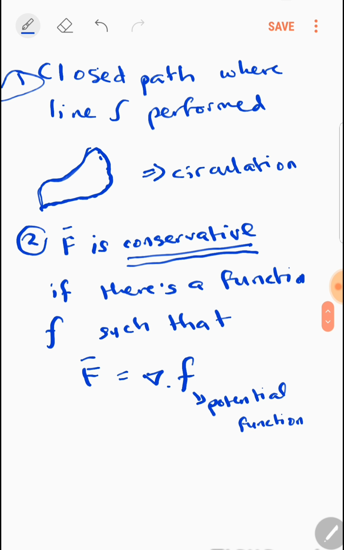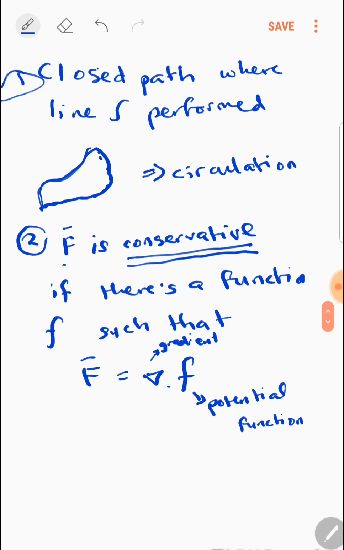Okay, so which means if my f bar is a gradient, so this, remember, is your gradient. We learned about this not too long ago, the gradient or the nabla. So if f bar is the gradient of potential function f, then f bar is what we call a conservative vector.